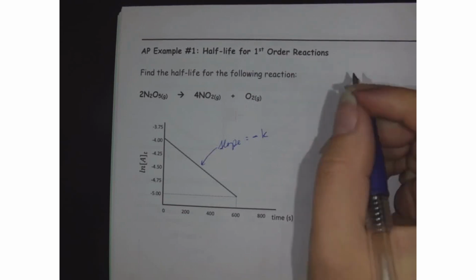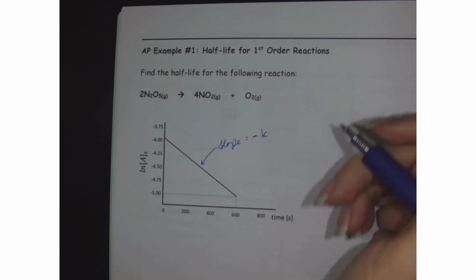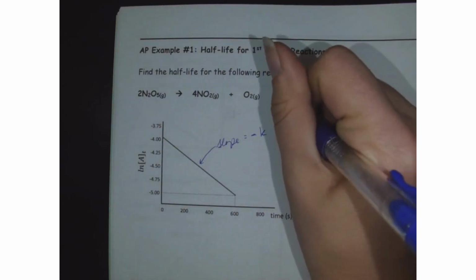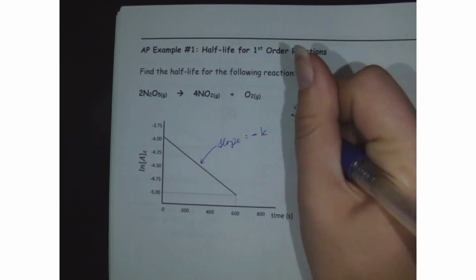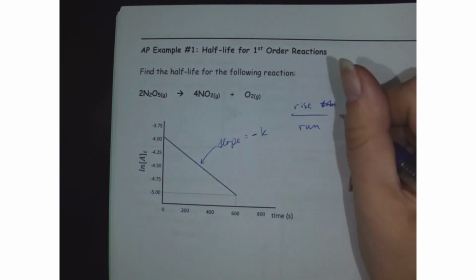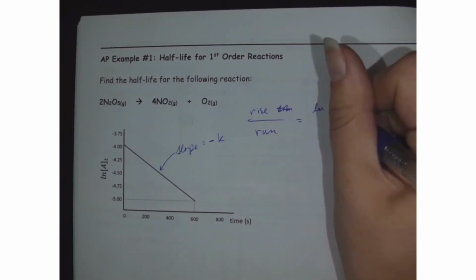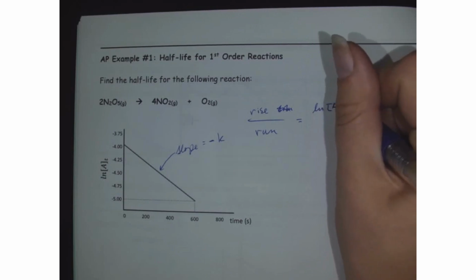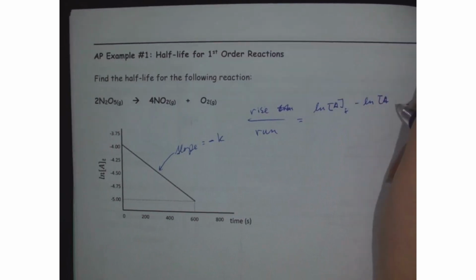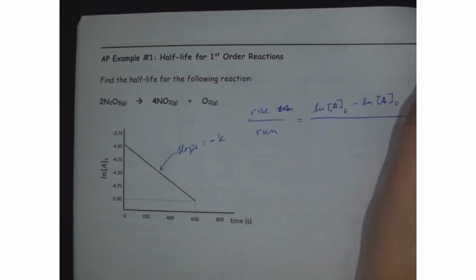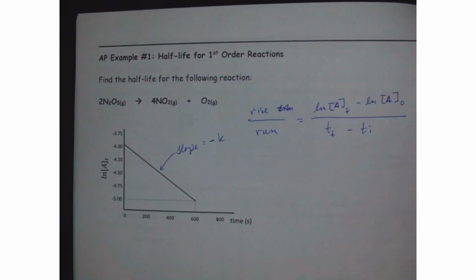Another way of thinking about this: rise over run is the natural log of the concentration final minus the natural log of the concentration initial, or at time 0, divided by time final minus time initial.